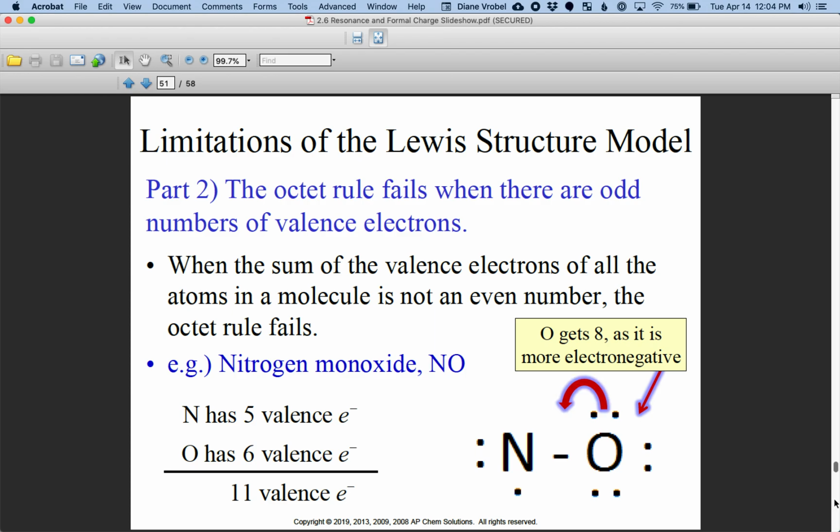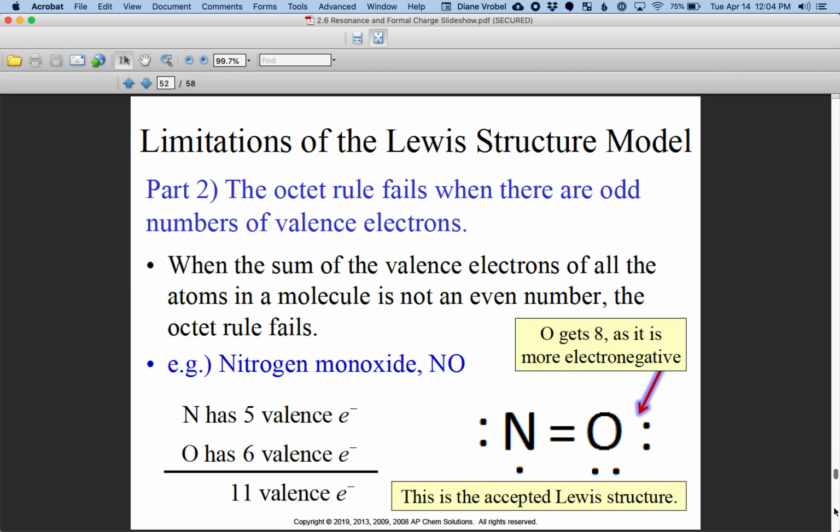Okay, so the interesting thing is that oxygen will actually share its electrons with nitrogen. So as a result, it will essentially form a double bond. Now you're like, well, what about that unpaired electron? Well, okay, there are some molecules that will have unpaired electrons.